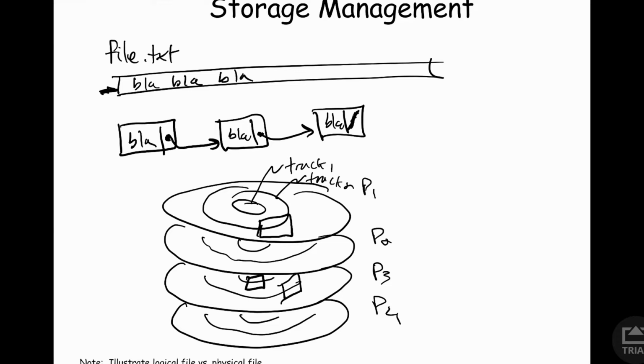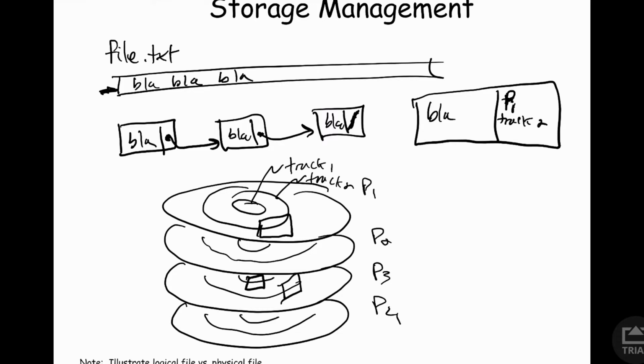So now, when you read the file, I've just drawn these pointers here as just pointers because it's easy to do. But if you were to kind of blow these things up, you'd have the data blah, and then you'd say platter P1, track 2, and say sector, let's say that was sector 5, for example, right?